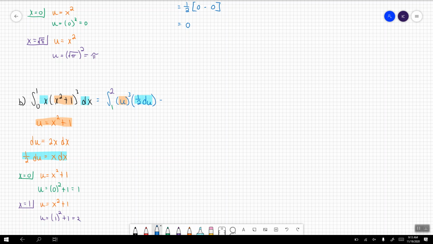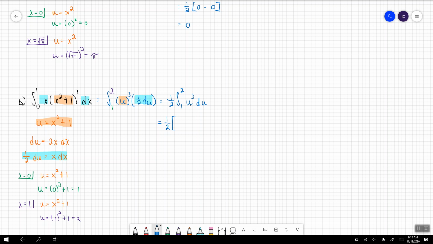Now I can go through and finish off this integral. 1/2 is going to come straight out to the front. Integral from 1 to 2, u cubed du. Let's find that antiderivative. Again, I have my constant of 1/2.